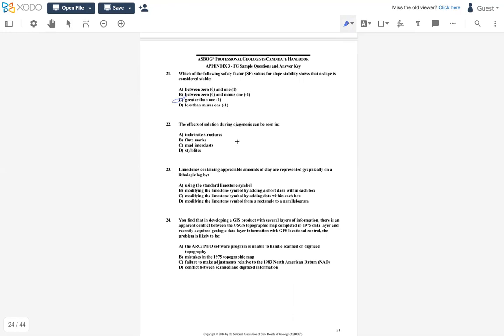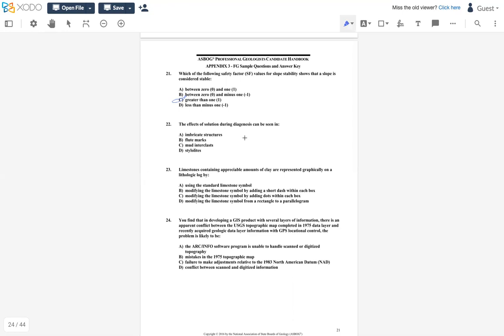Okay, 22. The effects of solution during diagenesis can be seen in imbricate structures, flute marks, mud interclass, and stylolites. Imbricate structures refer to the orientation of clasts in the same direction. But in geology, there's always like 5 definitions for a single word, and this term is no exception.